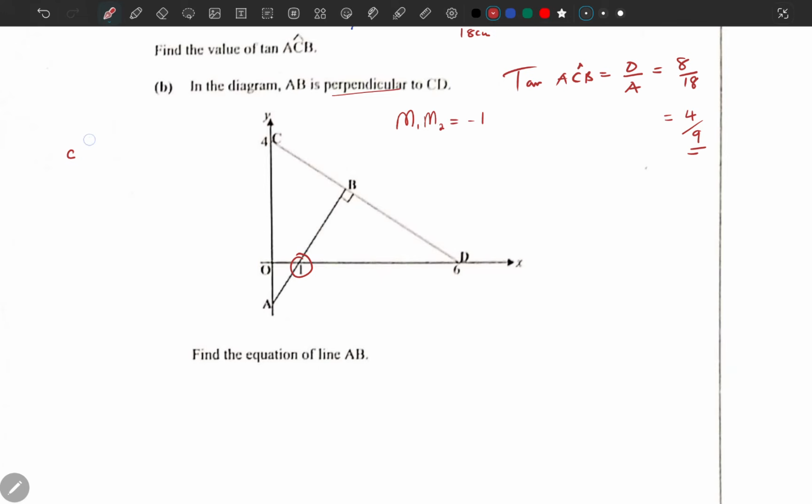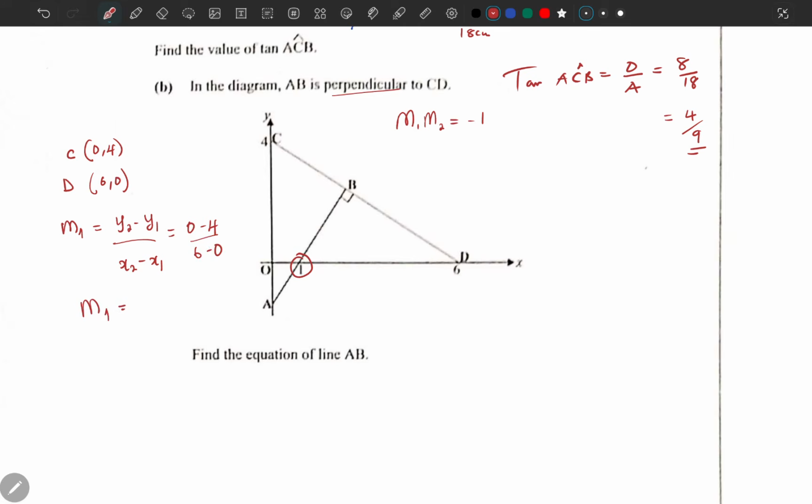So coordinate C is 0,4. Coordinate D is 6,0. Now let's find gradient. Let's call it gradient 1. It's y2 minus y1 over x2 minus x1. That gives us 0 minus 4 over 6 minus 0.